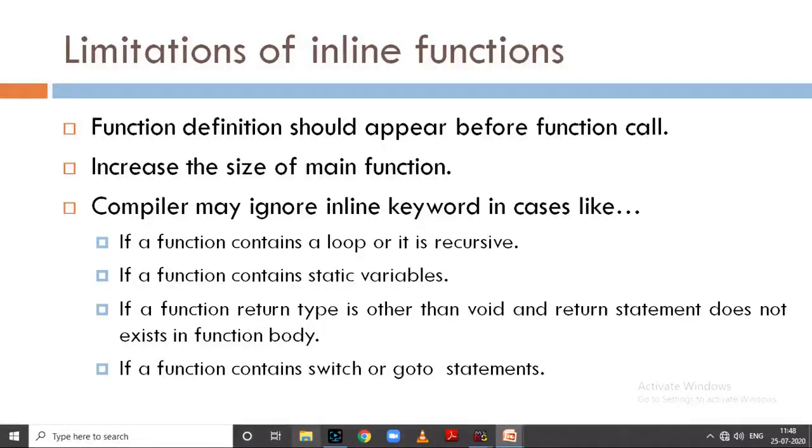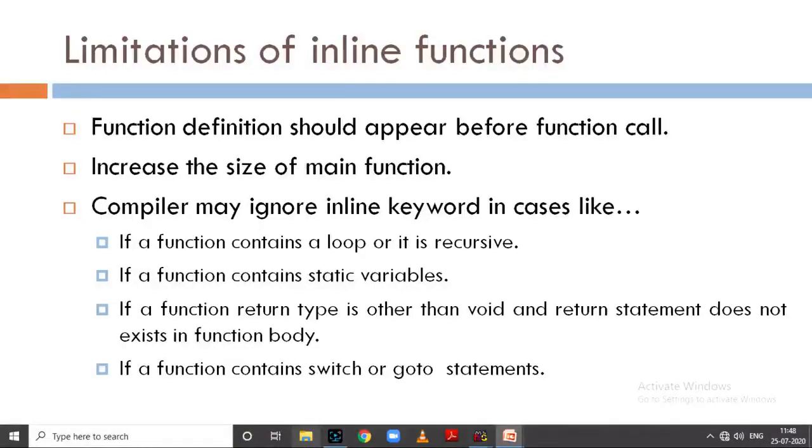The second case is if a function contains static variables. That means if a function has a static variable, then also the inline keyword will be ignored. The third case is if the function return type is other than void and a return statement does not exist in the function body.